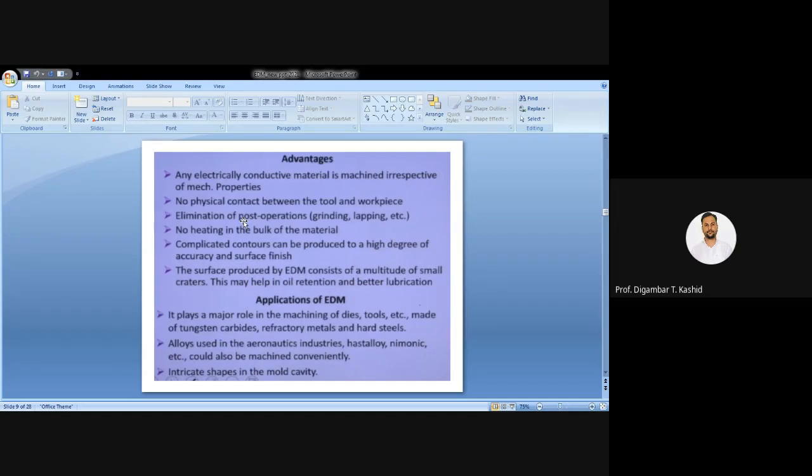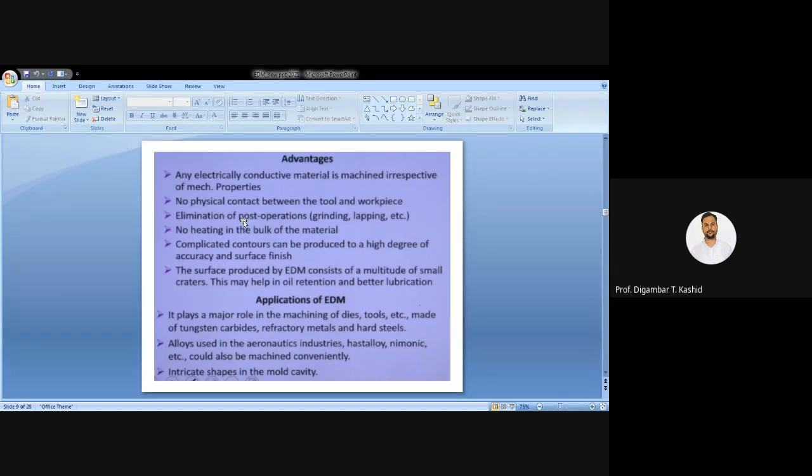Then another advantage is that complicated contours and intricate shaped cavities can be produced to a high degree of accuracy and also high surface finish.